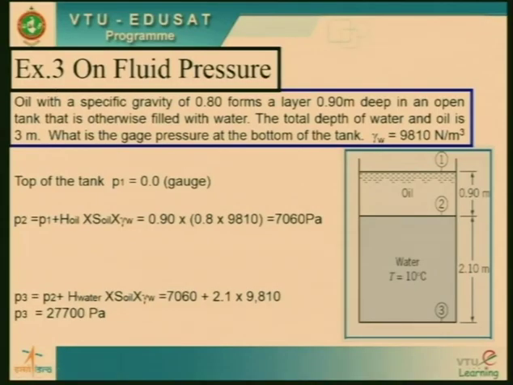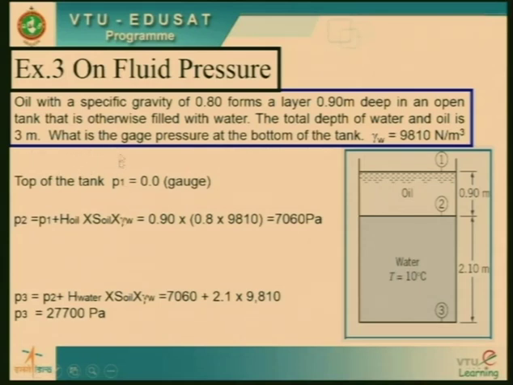Let us take the next question, which is again very interesting. The statement reads like this: oil with a specific gravity of 0.8 forms a layer 0.9 meter deep in an open tank that is otherwise filled with water. The total depth of water and oil is 3 meter.